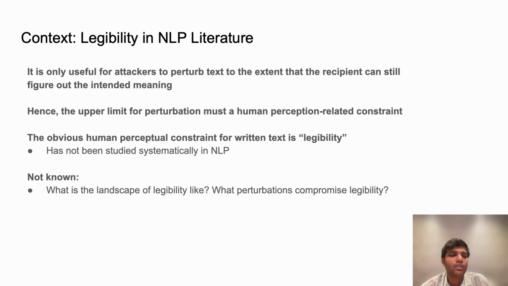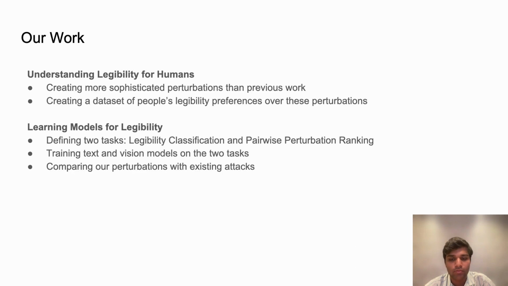What we don't know is what this holistic view of the landscape of legibility is like, and what kinds of perturbations compromise legibility. We also don't know if it's possible to automate legibility classification. Like, is legibility something that can even be learned by automated models? We try to answer both of these questions in our work.